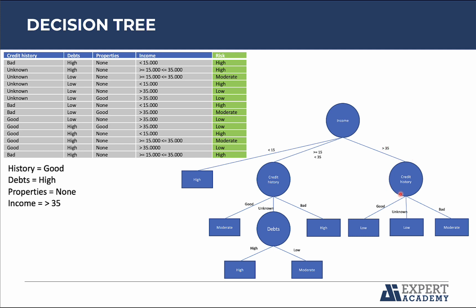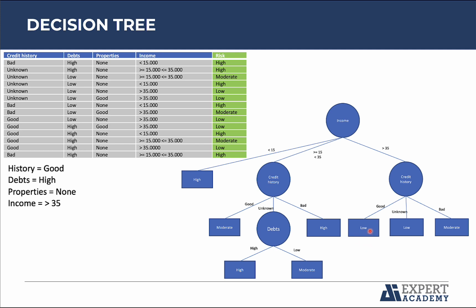When we go to this side, we need to check another feature, which is the credit history. See here that the value is good for this client. So we go to the left part of the tree, and here at the end, or at the leaf of the tree, the risk is equal to low.